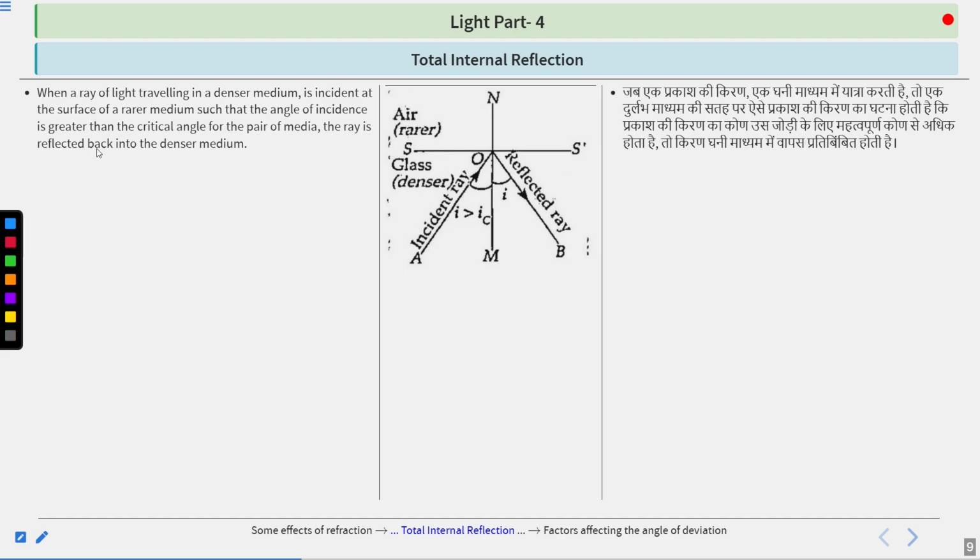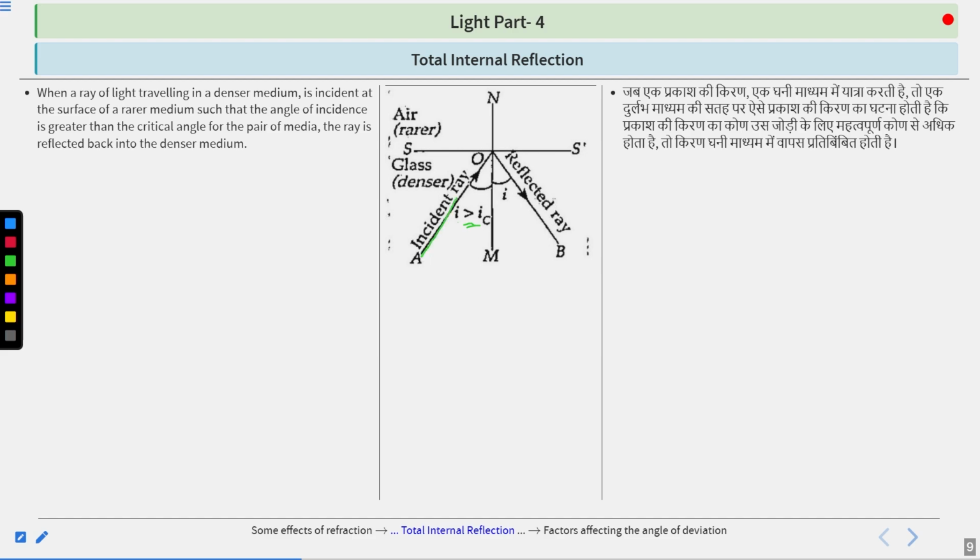So this angle of incidence is greater than the critical angle in this situation. Then the ray is reflected back into the denser medium, like this.